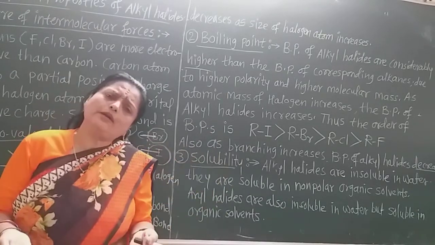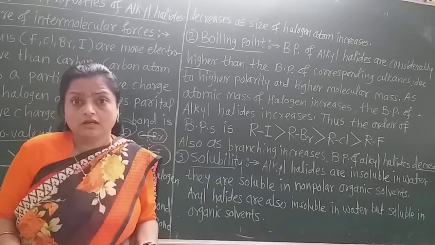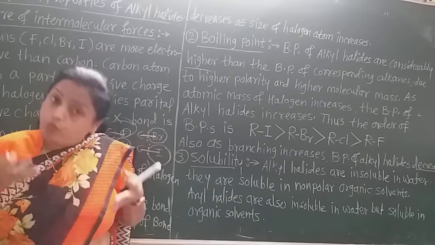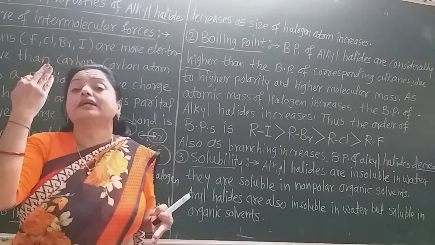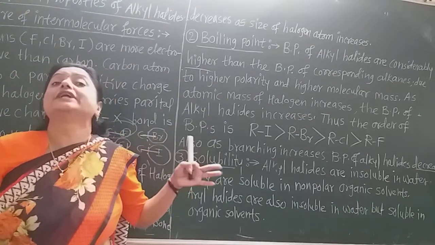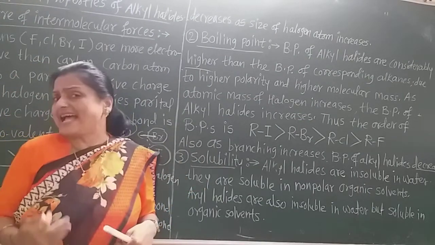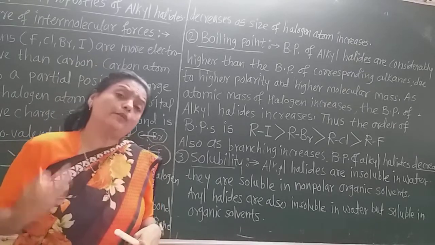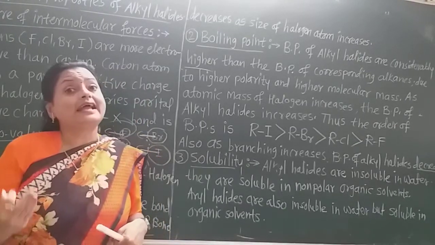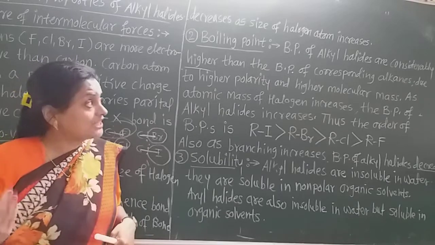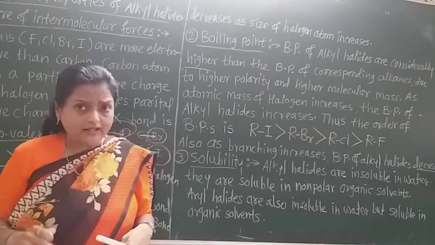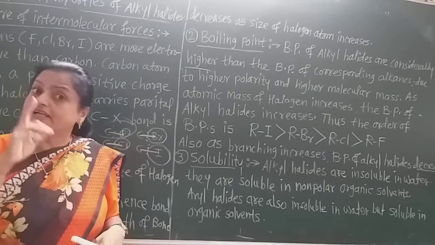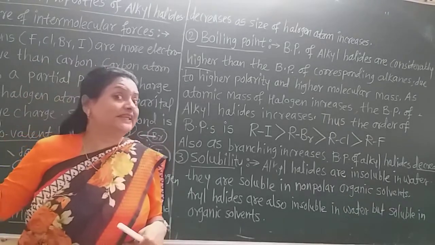So definitely their boiling point is lower. But to boil polar molecules, we have to give high energy to the compound; then the molecules separate into gas. So alkyl halides, as they are polar, definitely have higher boiling points than the corresponding alkanes. That means the boiling point of methyl bromide is definitely greater than that of methane.